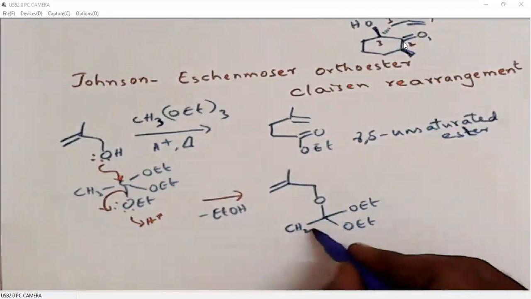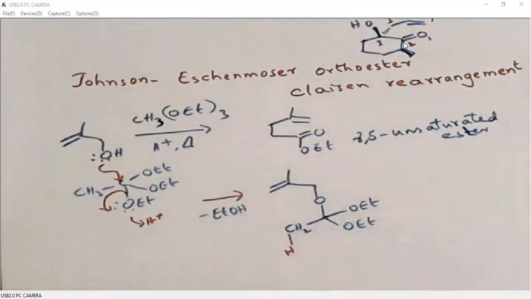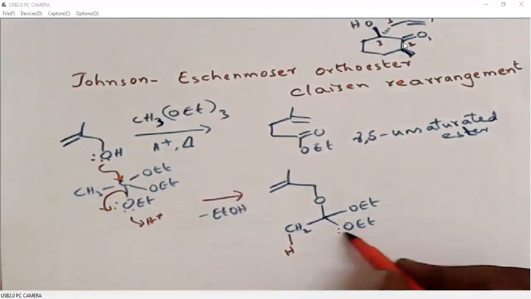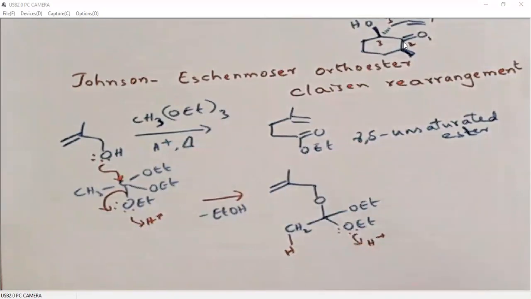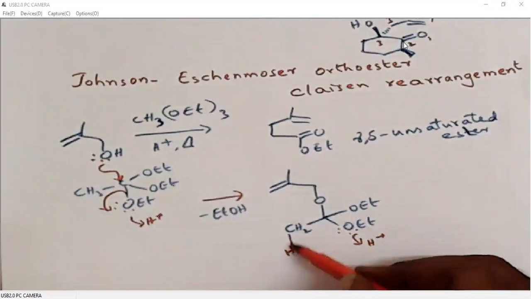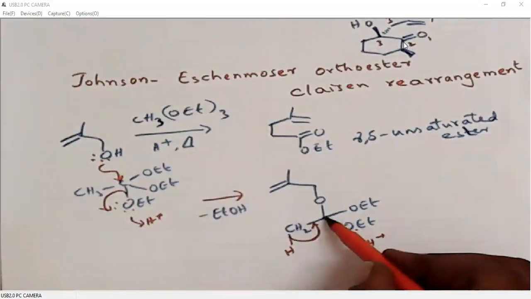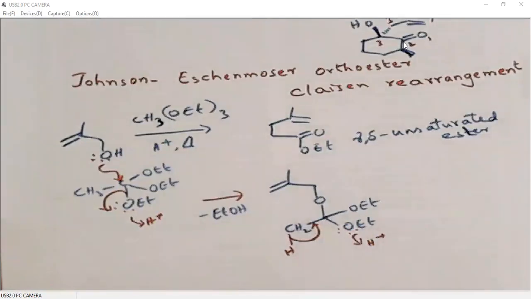Now we can also write this CH3 like this, H. Under the same acidic conditions, one more OEt can be protonated so that it is again made a leaving group. When it is leaving, we can use a proton on the methyl group. So this proton will be leaving so that these sigma electrons are polarized towards the ester carbon and generate a carbon-carbon double bond.